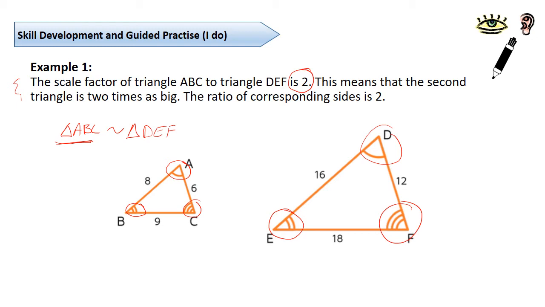Every single side length of triangle ABC has been multiplied by the same number, the number 2, to enlarge it. And we can see that. We had 8 times 2, 16. So those are corresponding side lengths. Then we had 6 times 2, that gives us 12. And then 9 times 2 is 18. So all 3 of those sides have been enlarged by the same factor, which is 2.